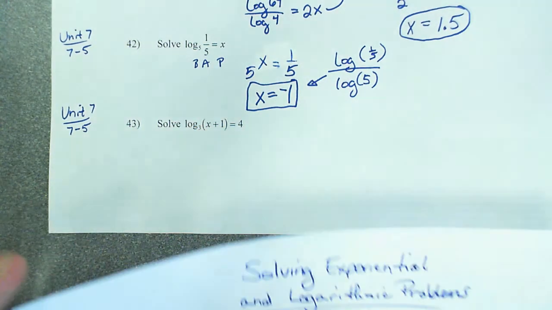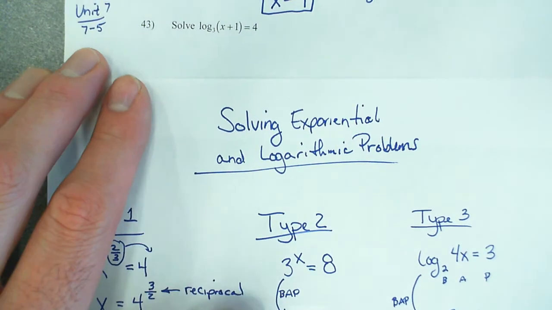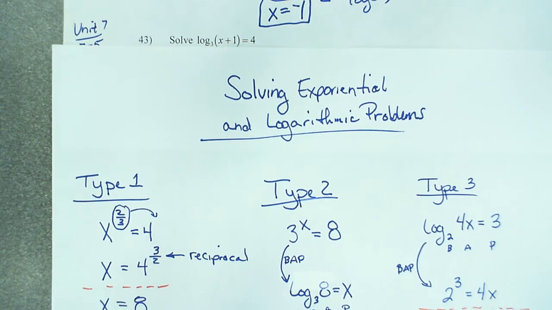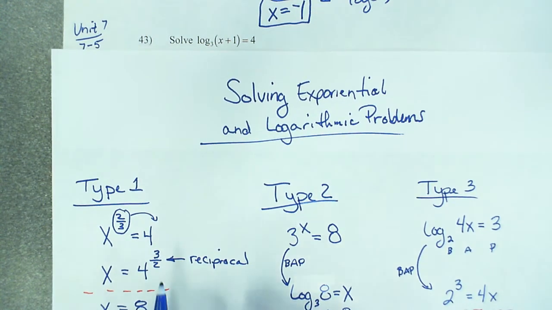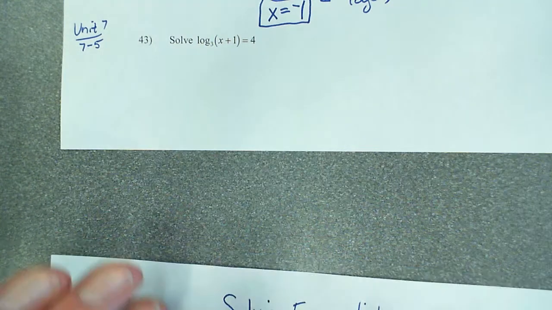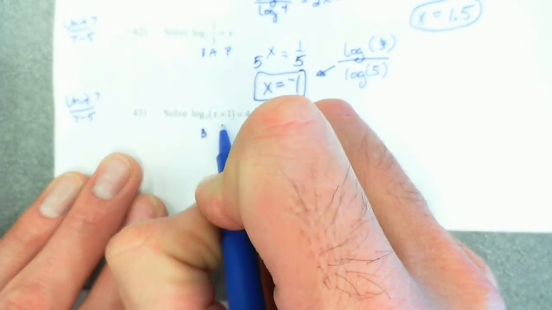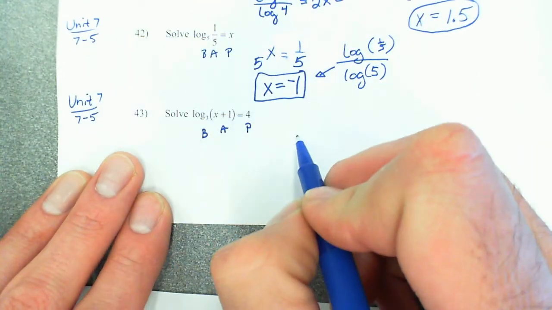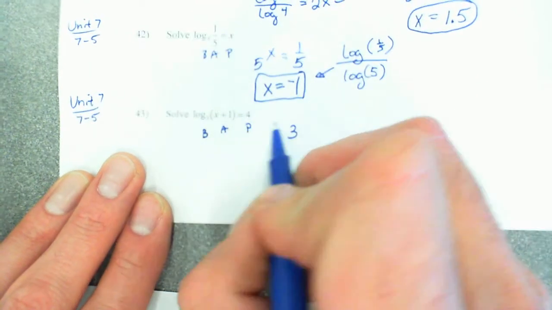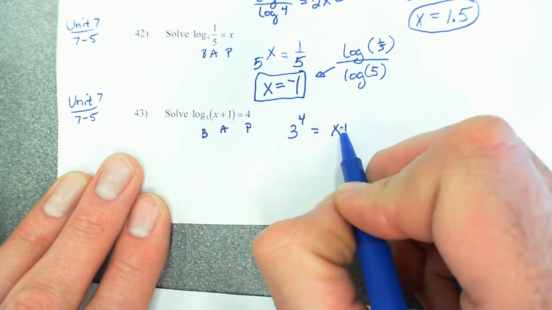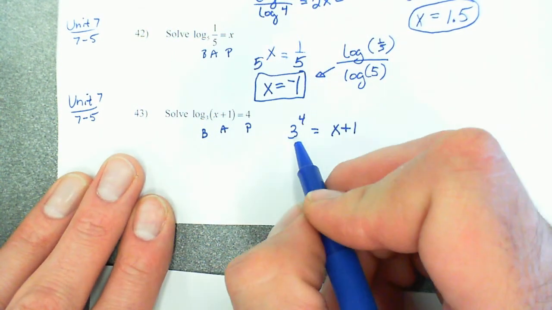And on the last one, 43, is that a type 1, type 2, or type 3 problem? Well, it looks like we start with a log again, so that's another type 3. So let's switch this to exponential form. This is our base, our answer, and our power. So our base is 3, to our power of 4, equals x plus 1.